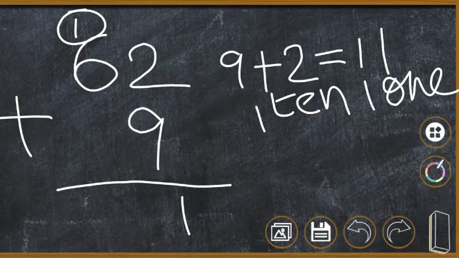Now 1 plus 6, 7. Now the answer is 71. Okay. Now Rohit has a total of 71 toffees.